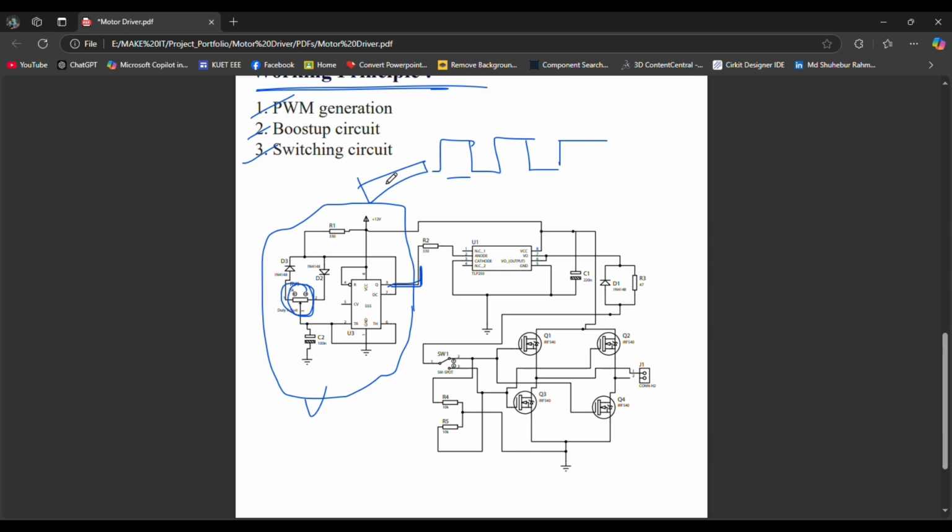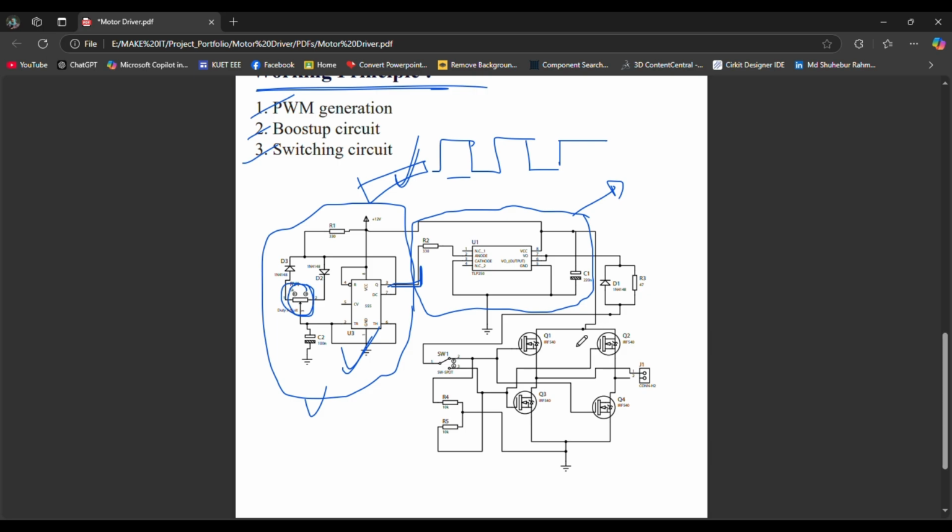So what do we use the microcontroller for? For taking feedback and for automatic precise control, right? And then you have this part for boost up. Why this boost up? It does two works at once. One is boosting up, and the second is to protect the PWM generation circuit. Suppose you are using a microcontroller. A microcontroller is sensitive and expensive.